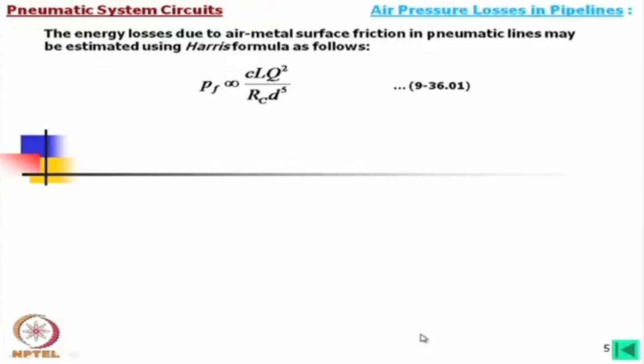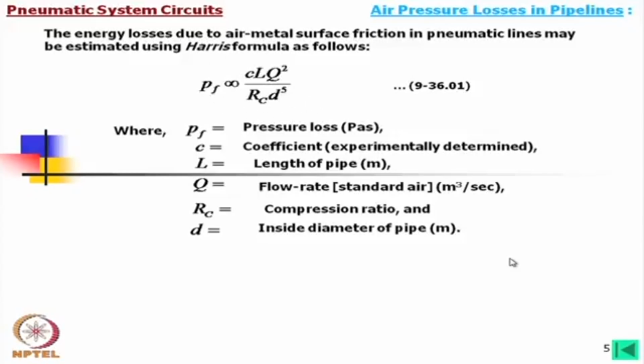Now, the energy loss due to air and metal surface friction in pneumatic lines may be estimated using the Harris formula as follows, where the loss in terms of pressure is expressed in this form. P f is the pressure loss in pascals, C is a coefficient which is to be determined experimentally, for pipe losses, we are thinking of pipe losses.